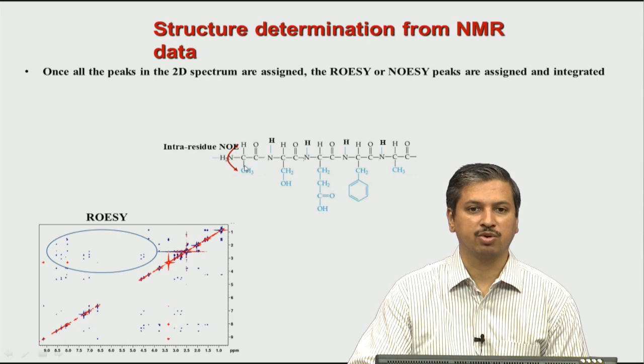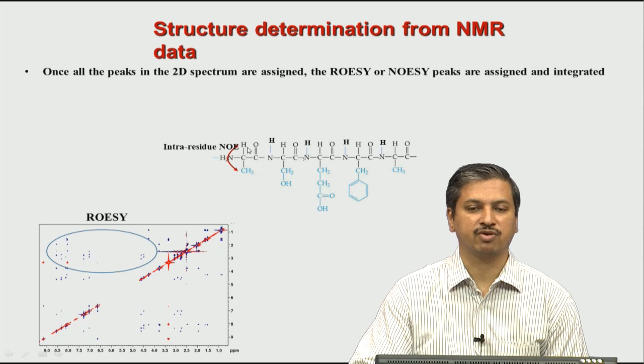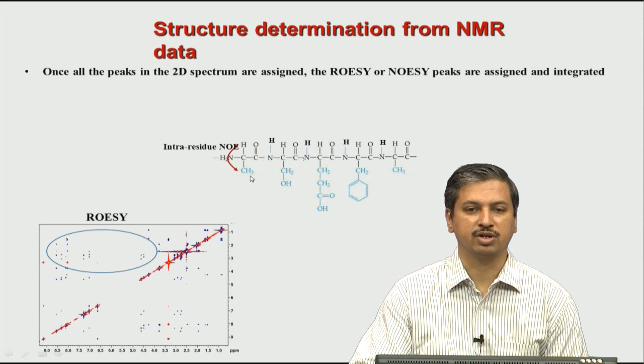If I know the chemical shift of H beta of this alanine and H alpha of this alanine, remember there are two alanines in this sequence, I should know which alanine is which. That comes from our sequence specific resonance assignment step. So, we now know for sure that this H alpha or this H beta chemical shift belongs to alanine number 1, and so on.